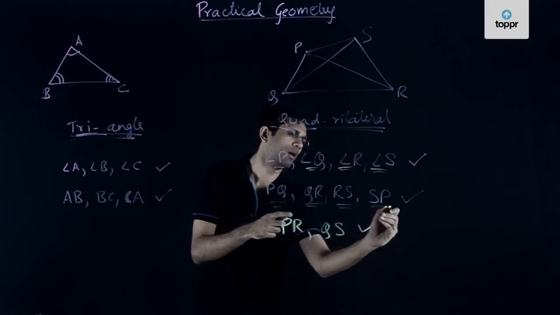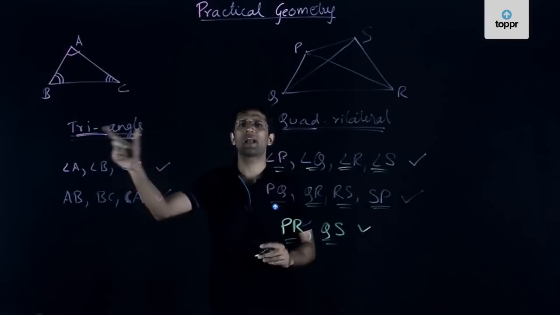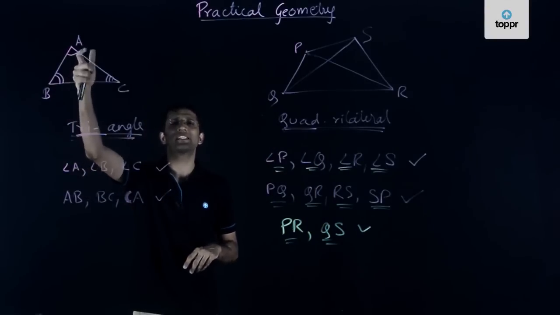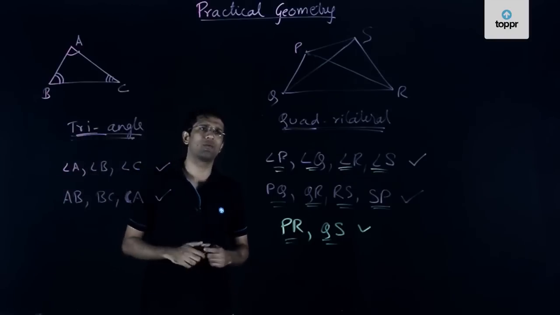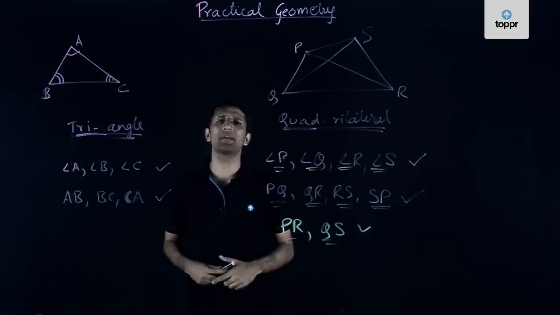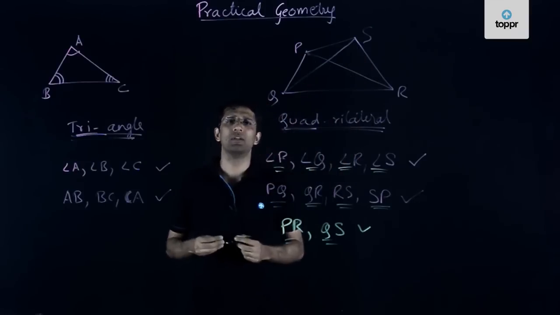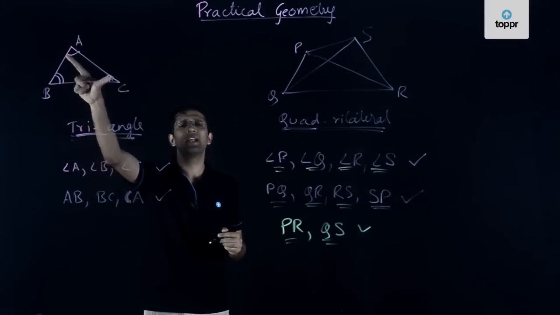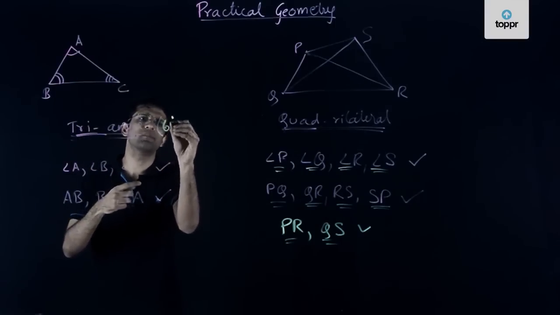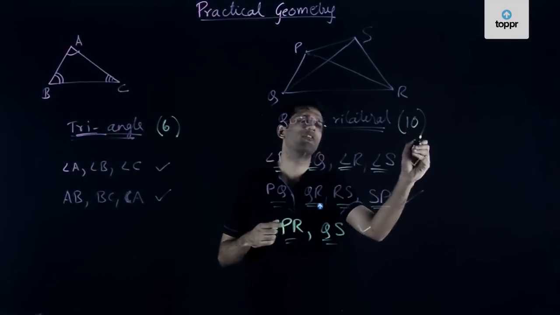A triangle has 3 vertices, 3 sides and 3 interior angles, whereas a quadrilateral has 4 vertices, 4 sides and 4 interior angles. In addition, a quadrilateral also has 2 diagonals. Note that there is no concept of diagonal in a triangle. So whereas a triangle gives us 6 bits of information, a quadrilateral gives us 10 pieces of information.